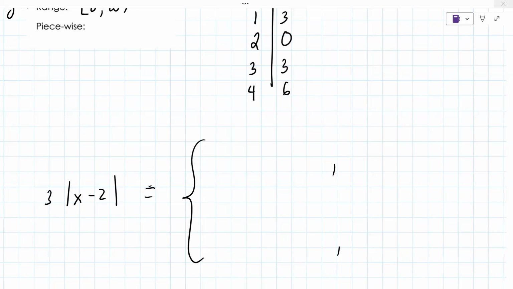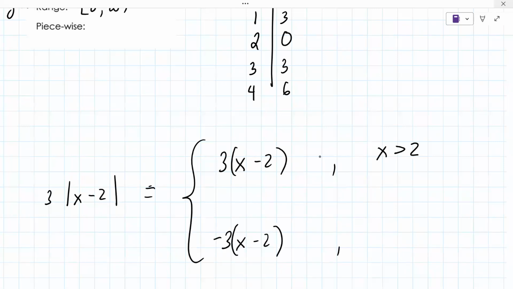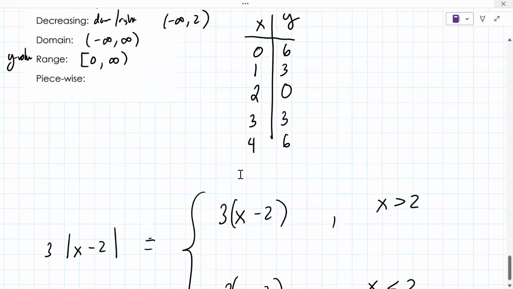I got 3 times (x minus 3) for x greater than 2. Okay, good. And then for the negating one, I simplified it down so it'd be -3 times (x minus 2), and then x is less than 2. Good. Very good. All right, that's perfect.